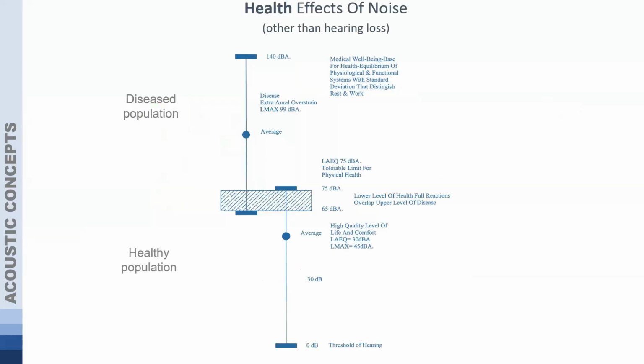When we think about the health effects of noise on different populations, they tend to fall into two categories: the healthy population for hearing, and the diseased population for hearing. These are separated by a threshold between 65 and 75 dBA, where sound levels below that are normally considered a healthy population. This might be someone who works in an office and is not exposed to high sound levels all the time.